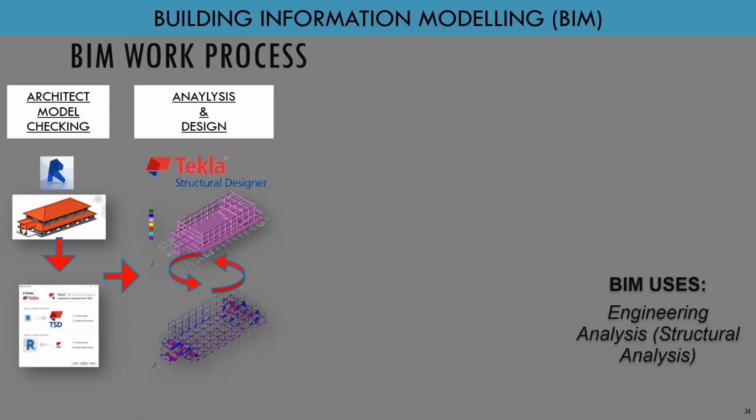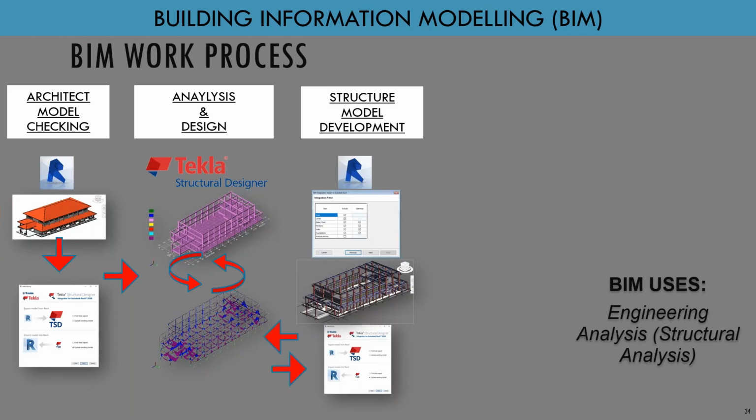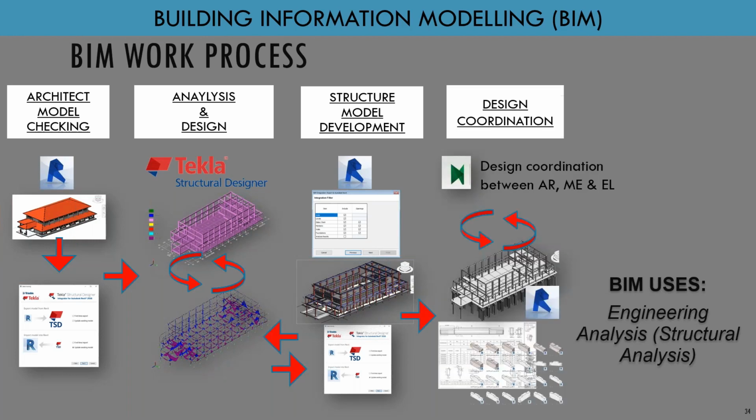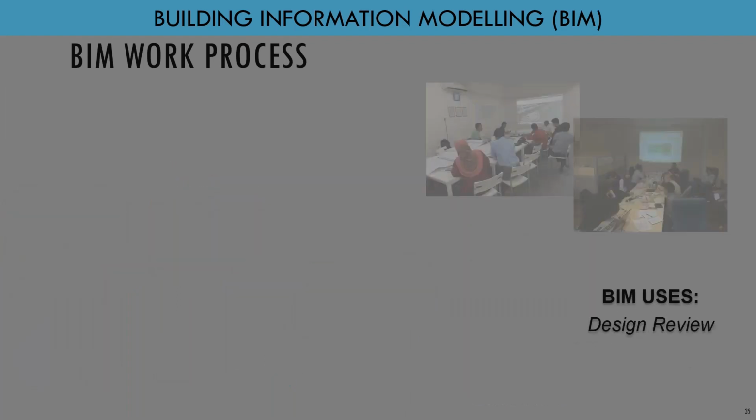We transfer to the Revit, and this process is a two-way process. If there are some minor or major changes, they need to do this. When we are satisfied with the design, we can coordinate with all the disciplines: architect, mechanical, and electrical.